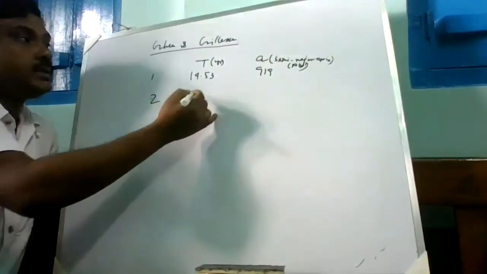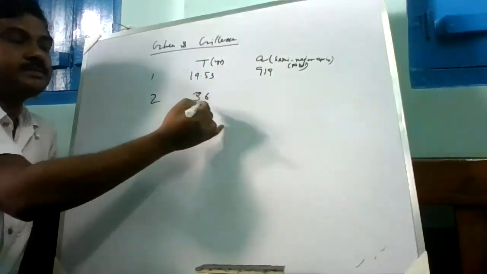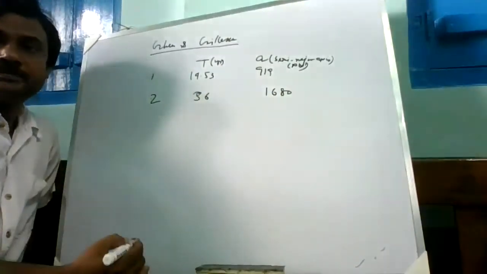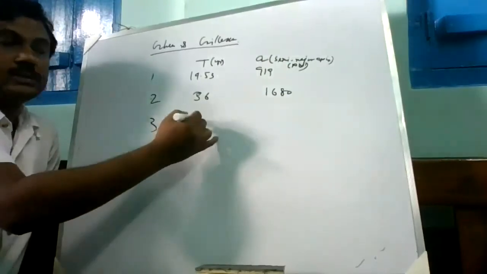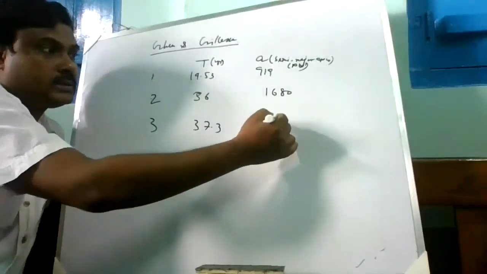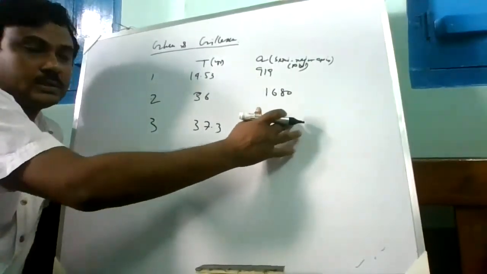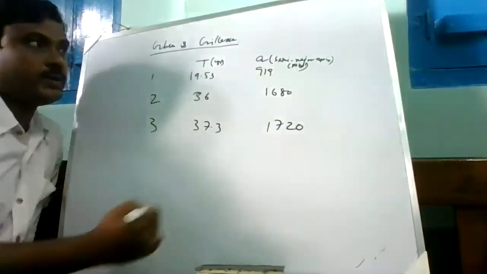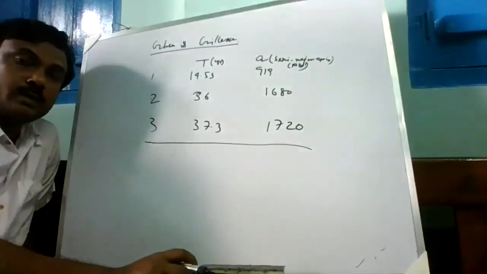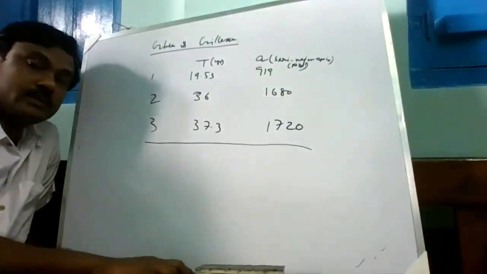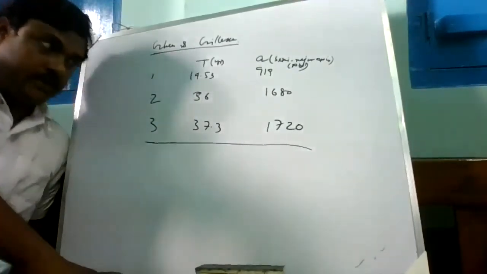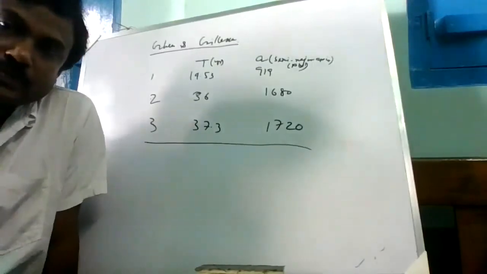Second star, the time period is 36 years and semi-major axis 1680. Third star is 37.3 years and its semi-major axis parameter is 7, 7. These three stars' orbital parameters, that means time period of revolution and their semi-major axis, have been determined very carefully.